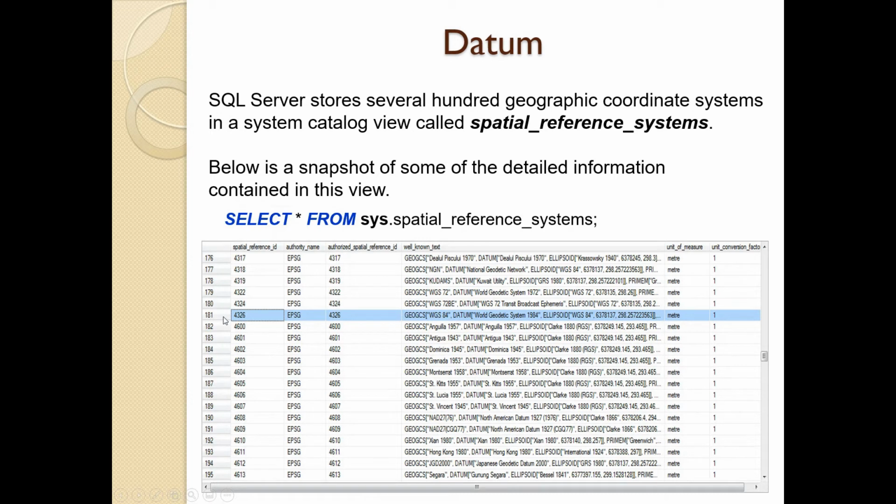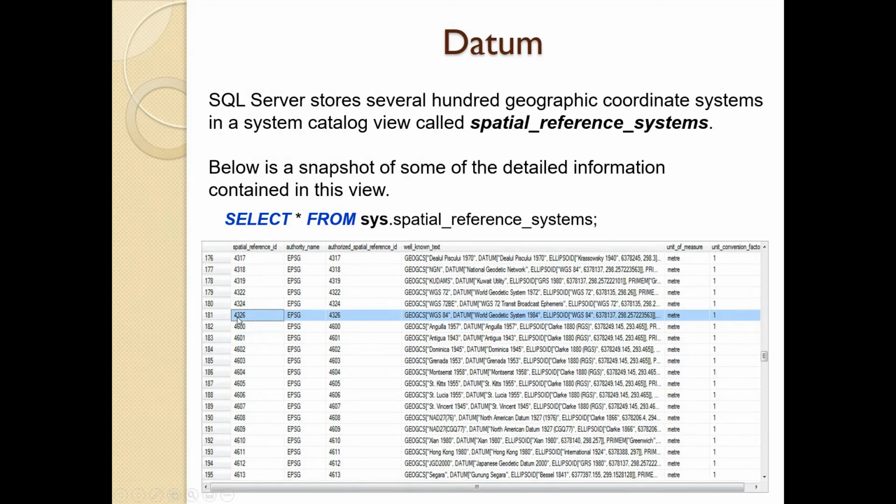There is a spatial reference ID, the authority name, and the authorized spatial reference ID. And there's something called well-known text that basically lists the datum. And then the unit of measure, as you can see here for the highlighted row, is meters. And its conversion factor is 1 meter, as you can see here, the unit conversion factor.